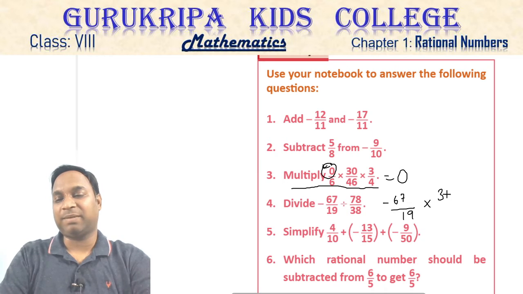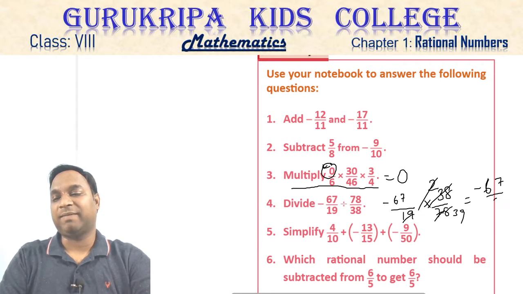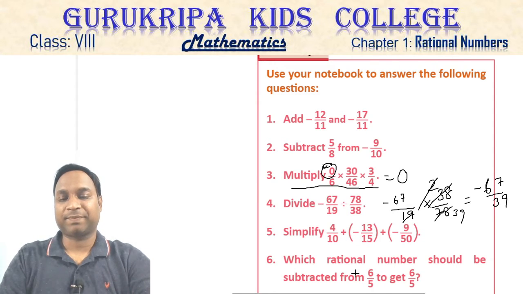So it will become 38 divided by 78. Isn't it? So you'll get a 2 over here, 39 over here. So the answer is minus 67 divided by 39. ठीक है?